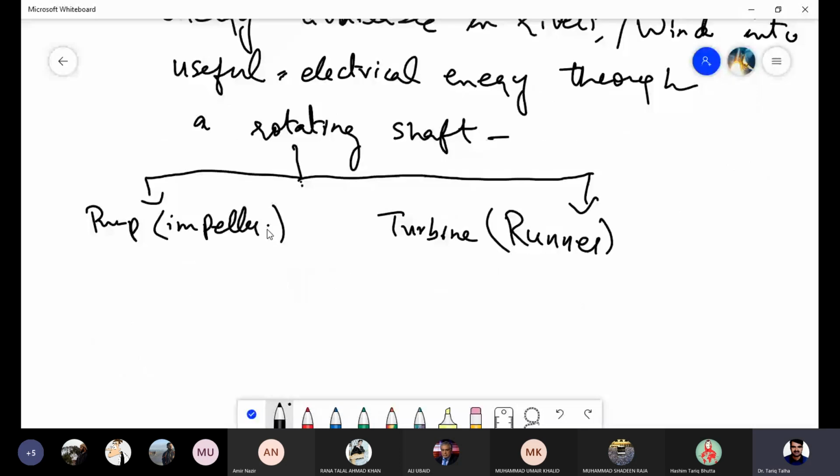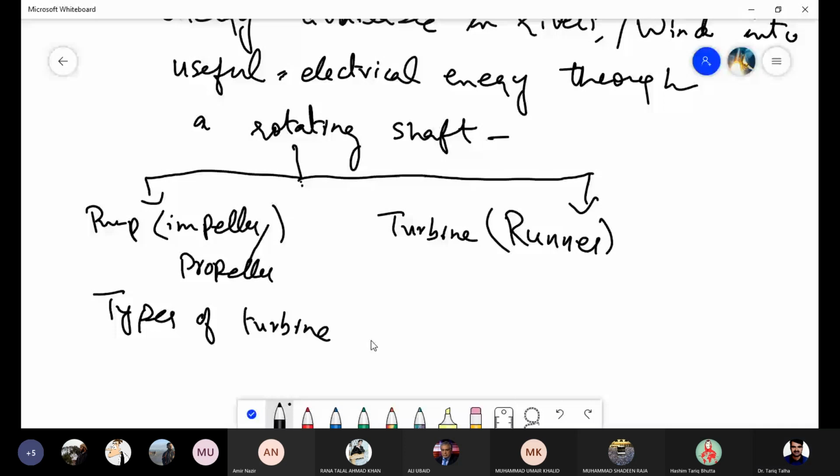So now if we talk about the types of turbine, with reference to working fluid, that what working fluid we are using for the conversion of mechanical energy into electrical energy or useful work.